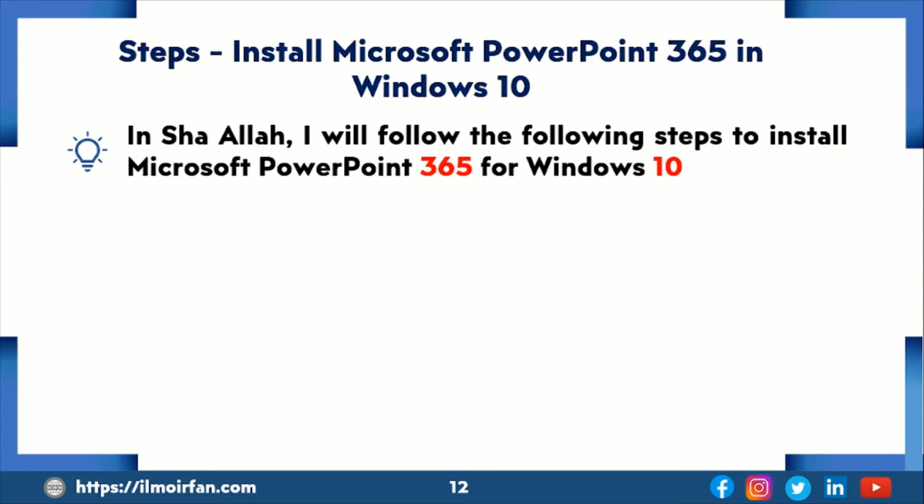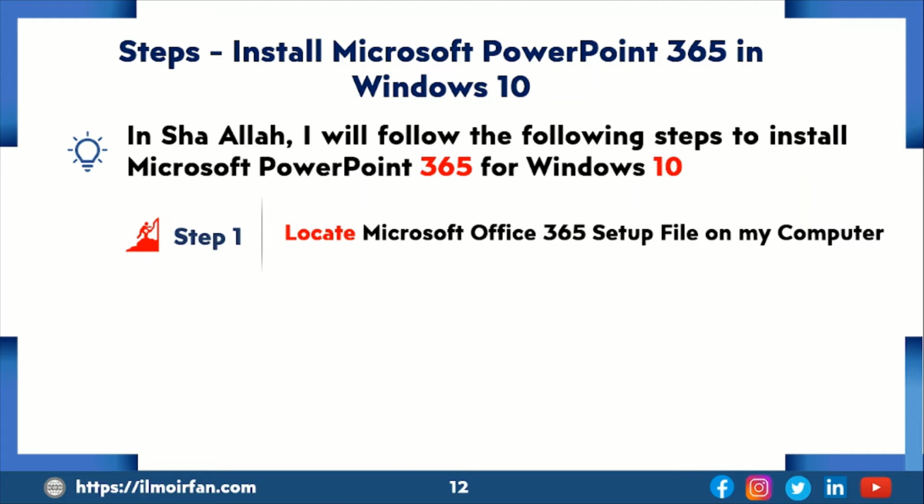The step number 1 is locate Microsoft Office 365 setup file on my computer. In the previous lecture, that is lecture number 4, download Microsoft PowerPoint 365 for Windows, I downloaded and saved Microsoft Office 365 setup file in the Downloads folder because there is only one way to download Microsoft PowerPoint 365 from the official website.